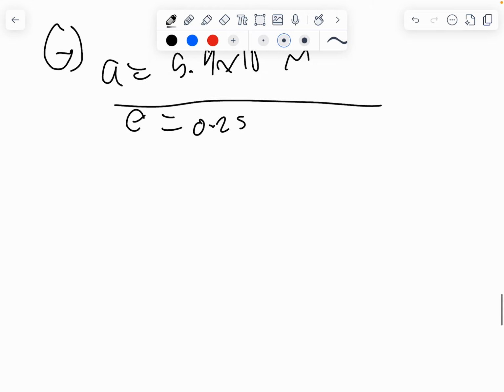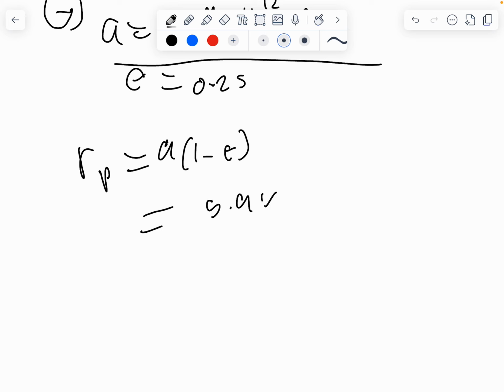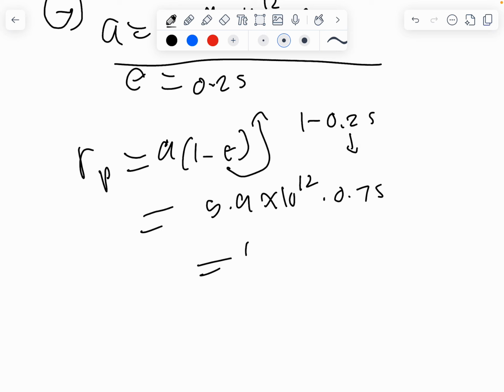So now we're just going to apply it into the RP equation from earlier. That would be 5.9 times 10 to the 12th power times 0.75. The only way we found this is because we just did 1 minus 0.25. And that would equal out to be 4.4 times 10 to the 12th power meters.